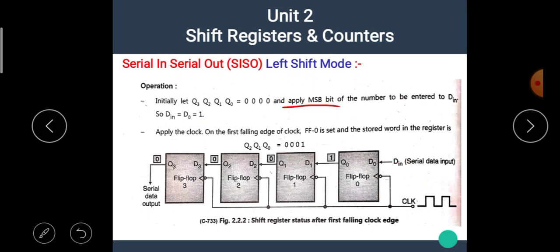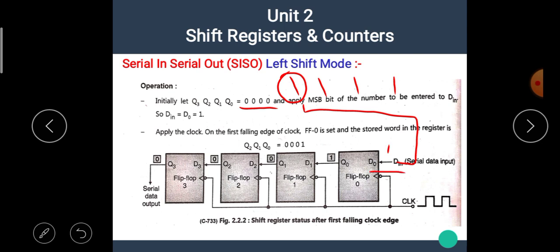Let's see once again. We want to enter the data 1111 in the shift register. Initially all the flip flops are in reset condition, hence they have the value 0000. Now apply the MSB, that means 1, to the data in. Hence data in, or D0, now becomes 1.